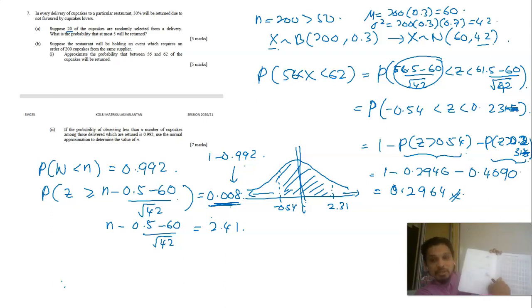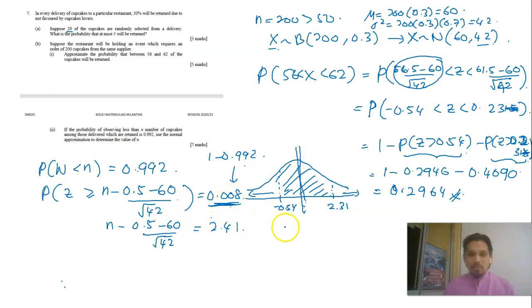I found it here: 0.0082, and the value of z is 2.4, and then 0.01. So 2.41. With z at 2.4, find the column of 0.01, and you will find that there is 0.008.